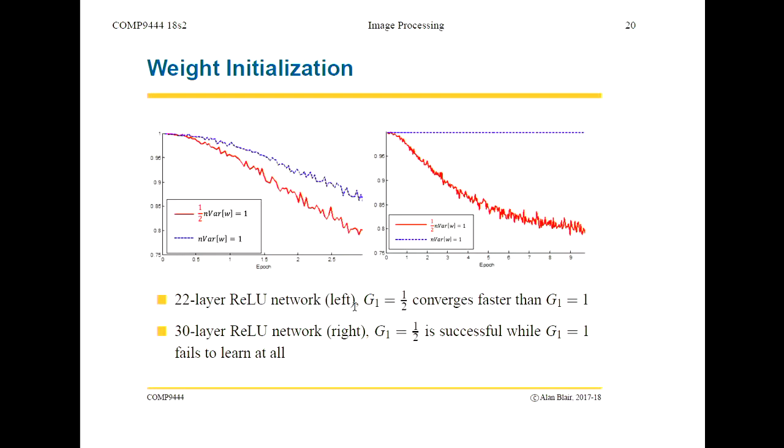The red graph represents where you've done this weight initialization with g1 equals 1/2. The blue shows where you've done weight initialization with g1 equals 1, so that's like a wrong number.